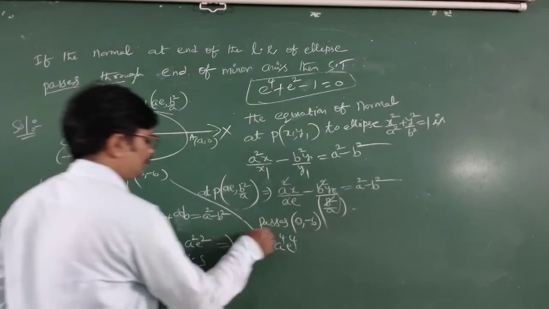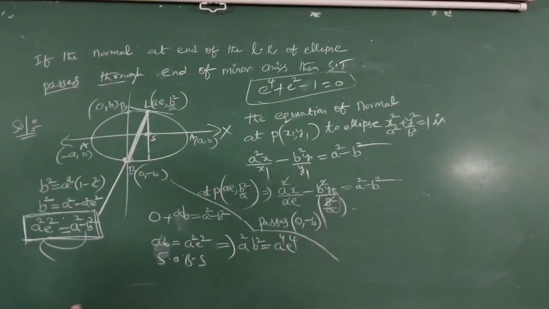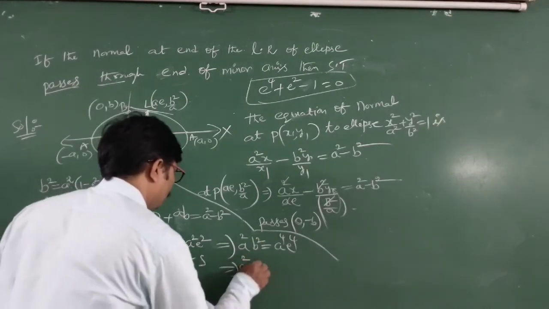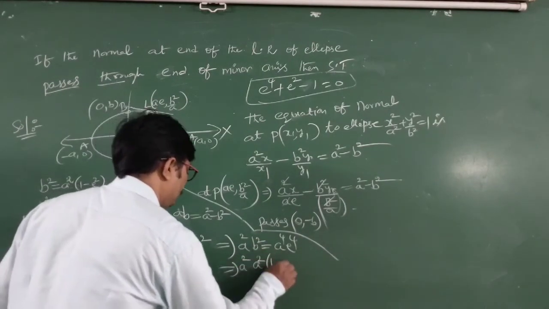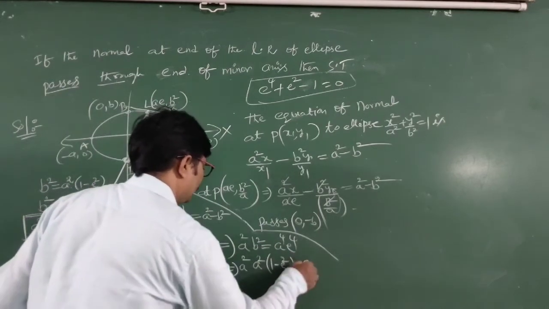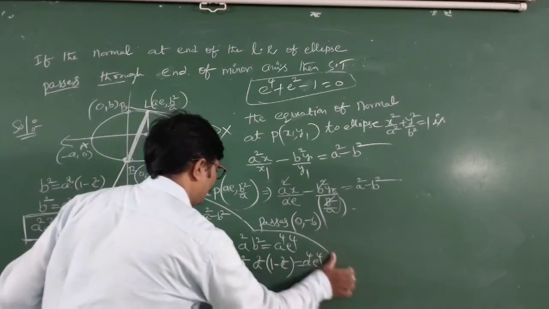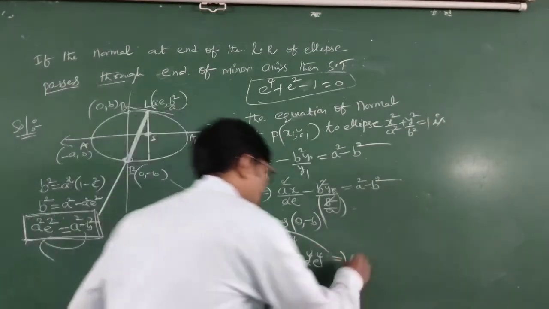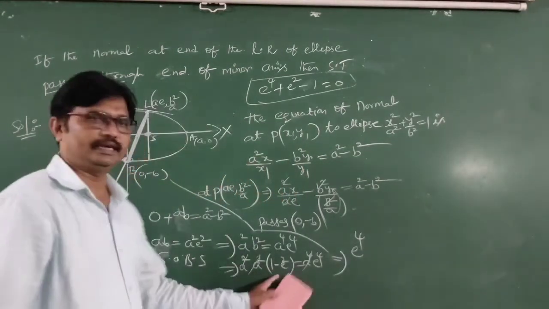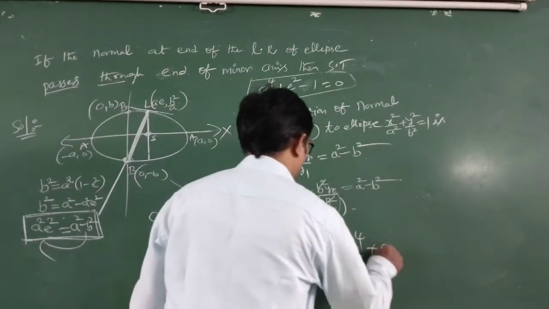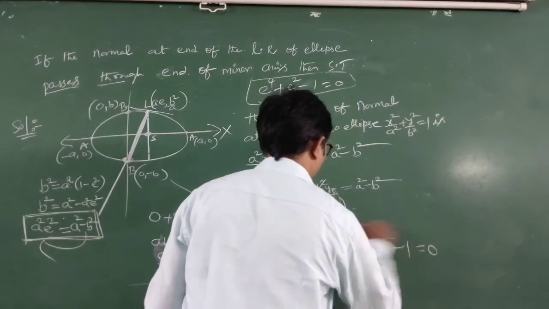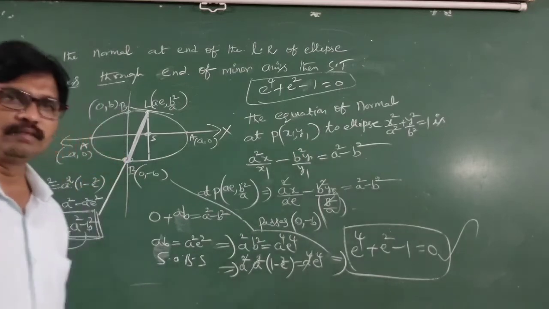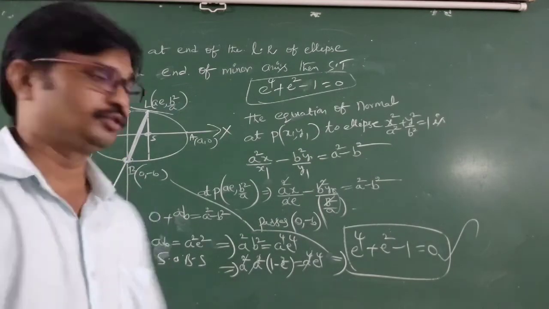So b square is a square into 1 minus e square, a power 4 e power 4. This a power 4 is cancelled, and these are all sent to the other side: e power 4 plus e square minus 1 equal to 0. Dear students, you can understand here, e power 4 plus e square minus 1 equal to 0.